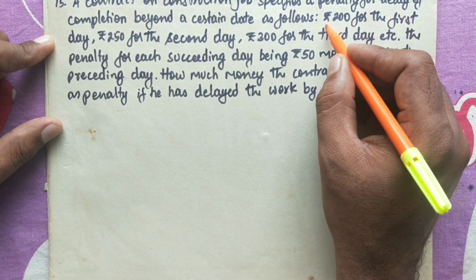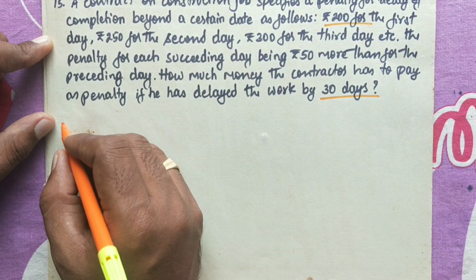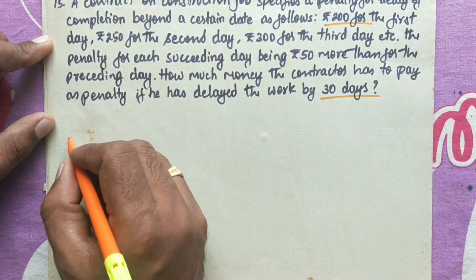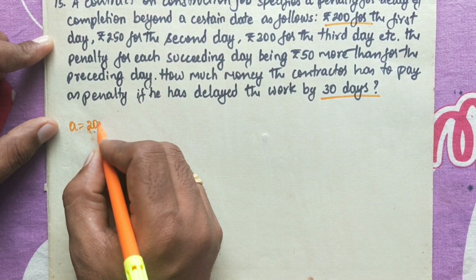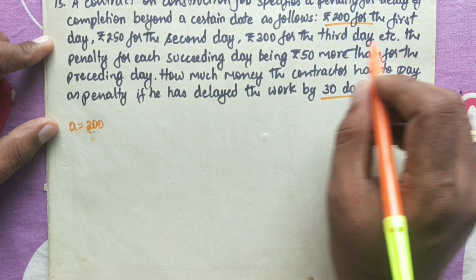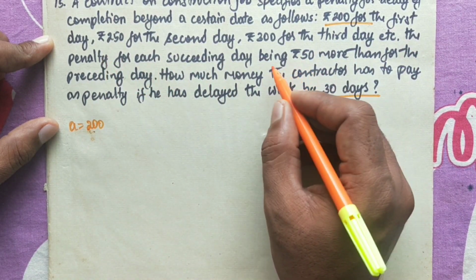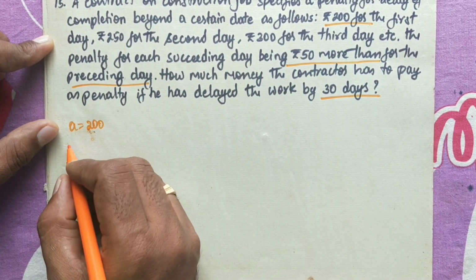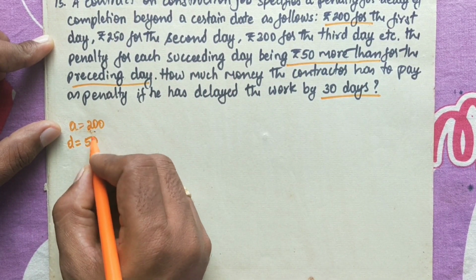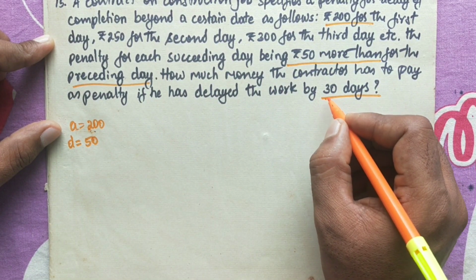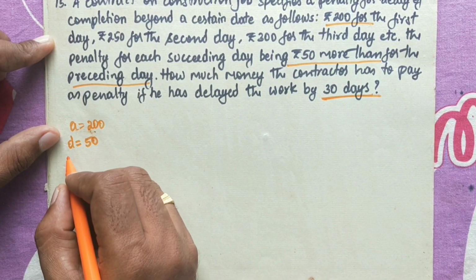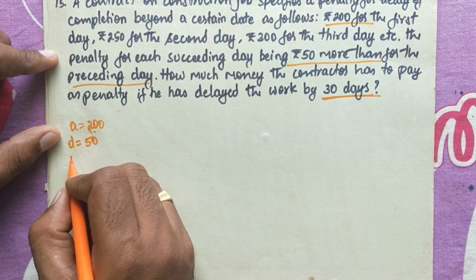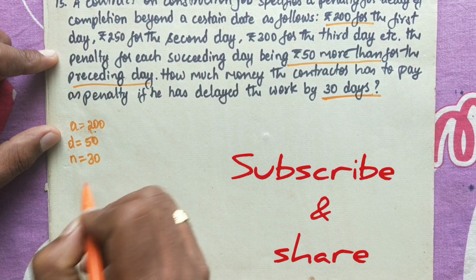Here, rupees 200 for the first day, that is a is equal to 200, and rupees 50 more than the preceding day means the difference d is 50. We have to calculate the penalty for n is equal to 30 days.